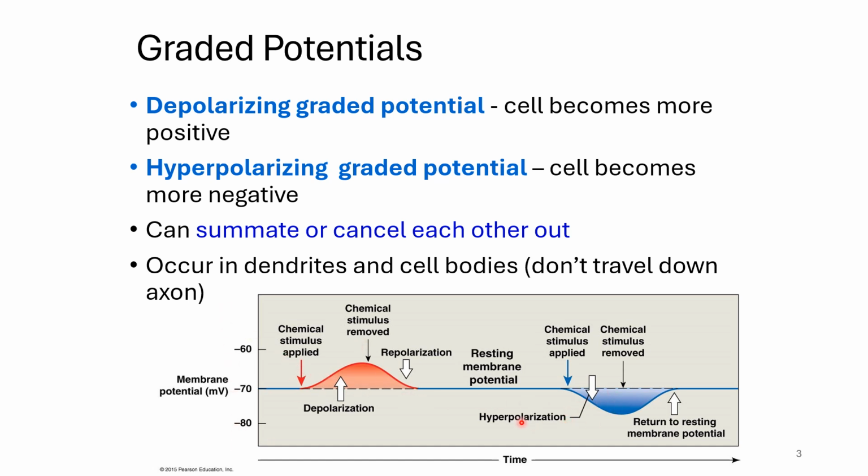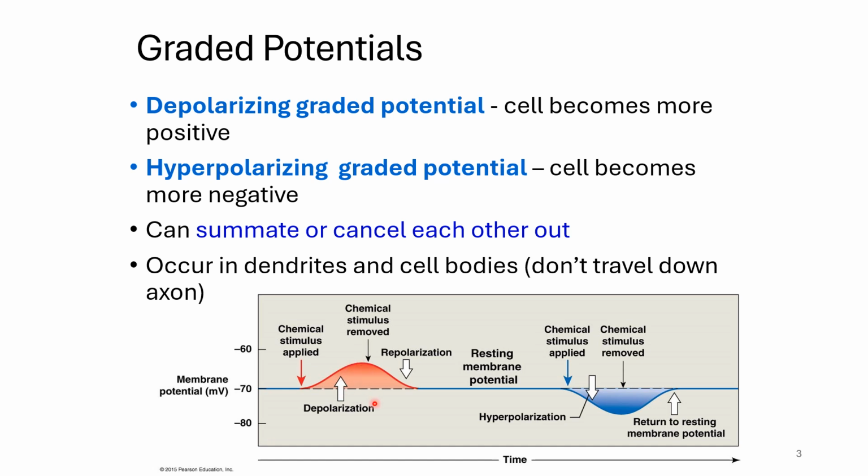So let's start by defining those terms. Our resting membrane potential is minus 70 millivolts. Depolarization is when the inside of the cell, remember we're always talking about the inside of the cell relative to the outside, becomes more positive. Notice we move from minus 70 up closer to minus 60 in this figure.